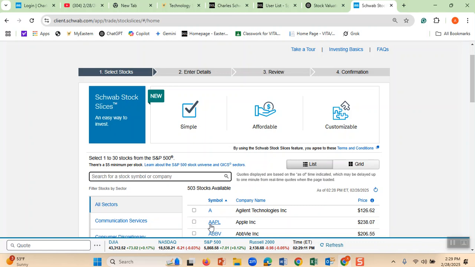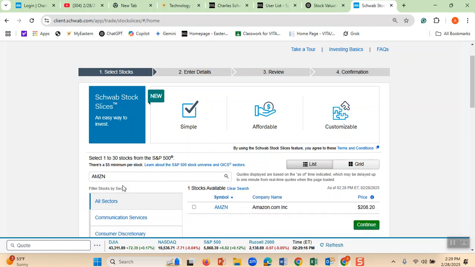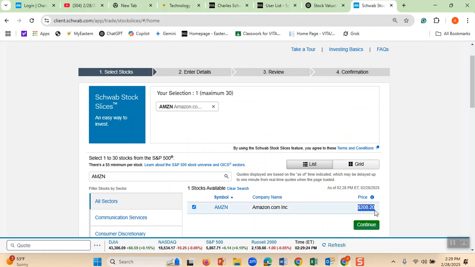If he wanted to buy Apple, Apple is right here. He put Amazon in here, and here is Amazon. And if you look here, the price of Amazon is $208. He didn't have $208. He only wanted to buy $10 of this stock. That means he's buying a slice of it rather than a full share.